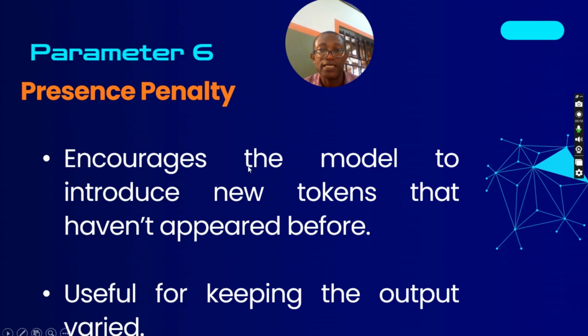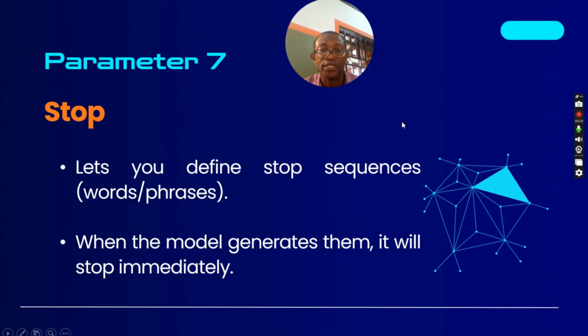And lastly, parameter number 7, not the least but also important, is the stop parameter. This parameter lets you define the stop sequences, words and phrases, that the LLM uses. When the model generates them, it will stop immediately.